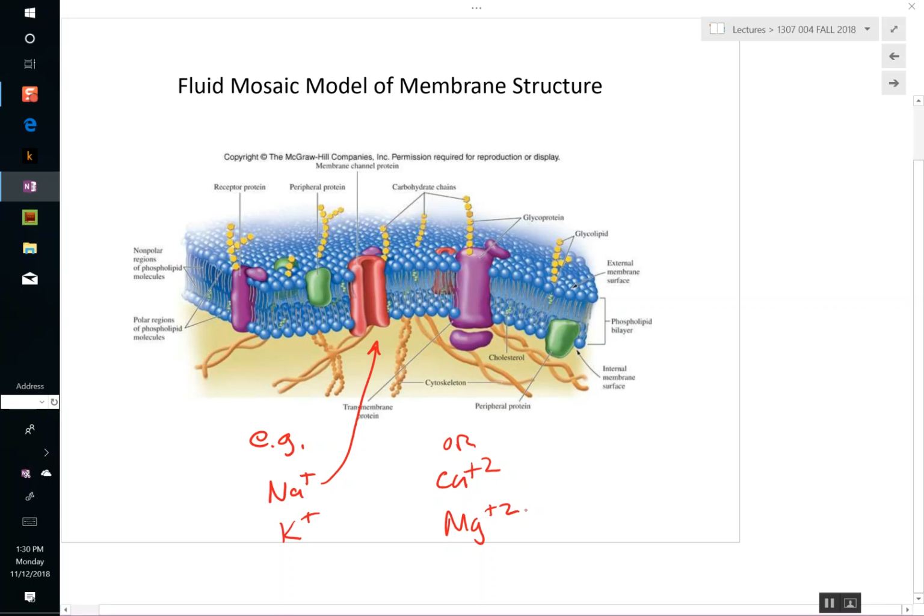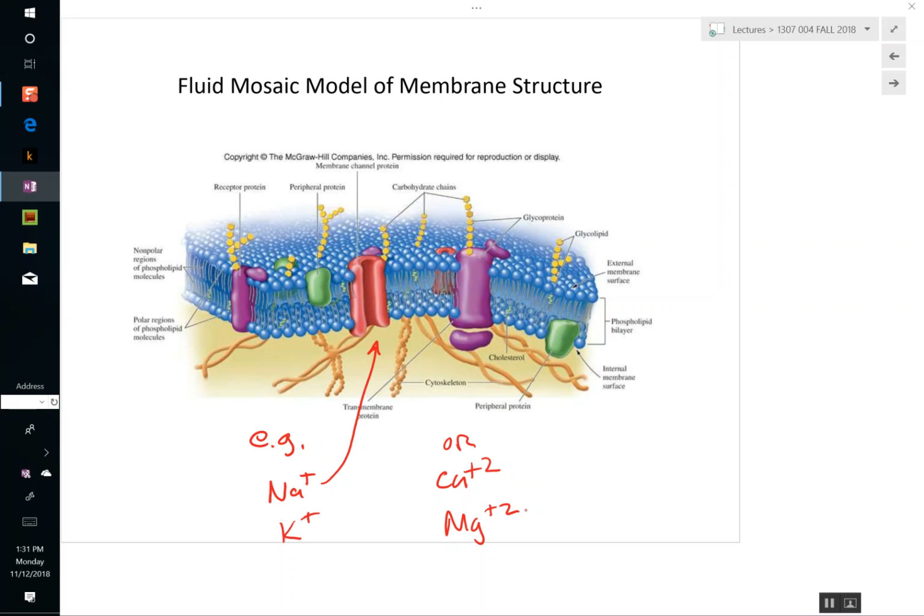Notice where these are. Calcium, magnesium, plus 2 ions. Barium nitrate is toxic to the body. Why? It blocks the calcium magnesium channel.